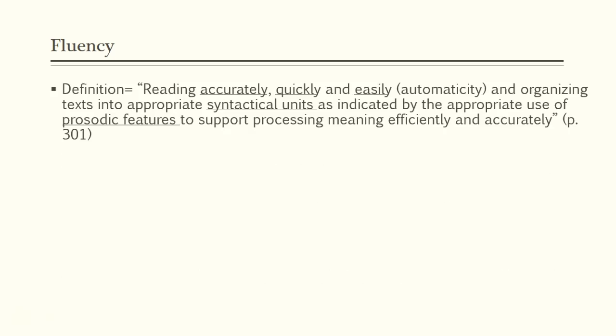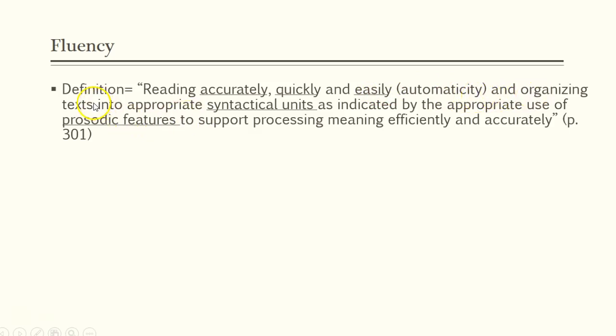They remind us of the definition, which isn't very concise, but they have that fluency is reading accurately, so accuracy, words correct per minute, quickly, so rate being important, and easily, so it sounds fluid like you're talking. Automaticity is there.